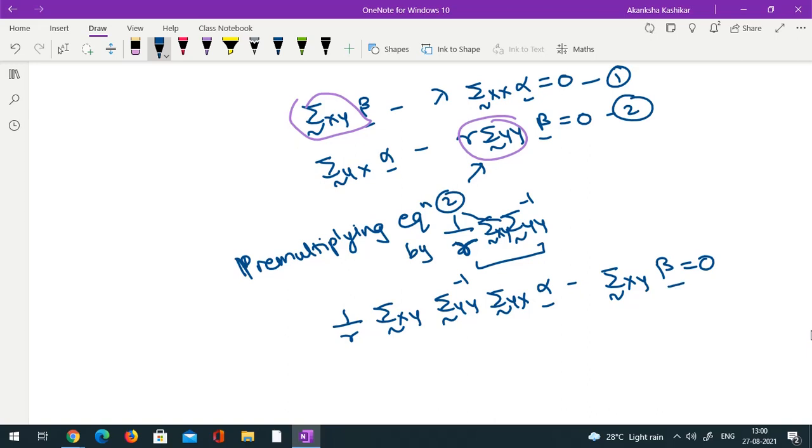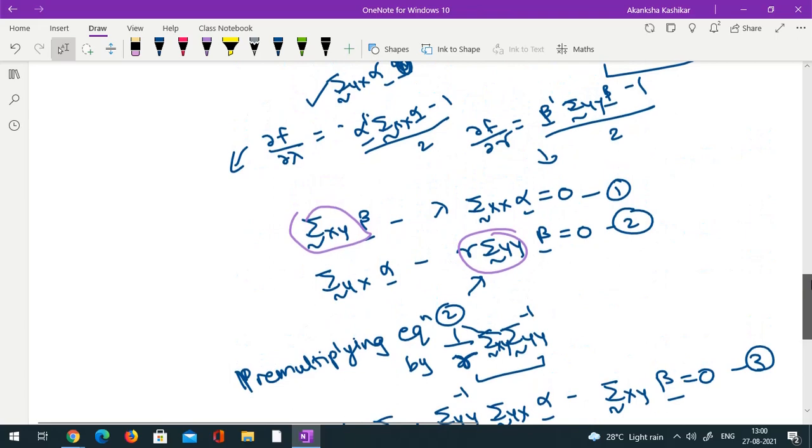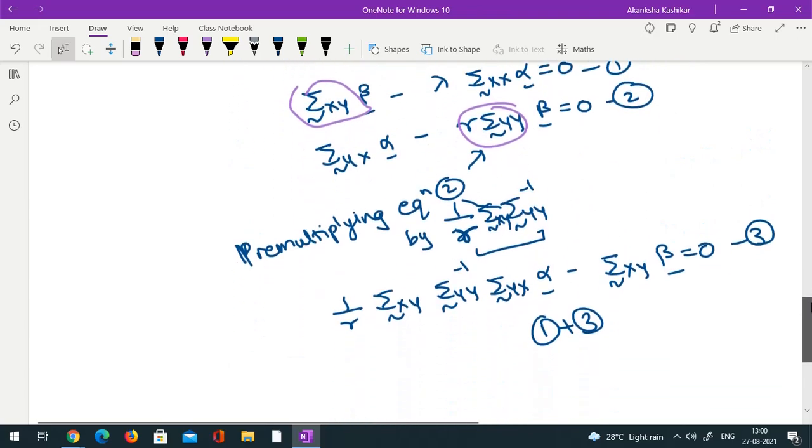Okay. And now I have sigma xy beta, sigma xy beta. So if I add 1 and 3, sigma xy beta would get cancelled.